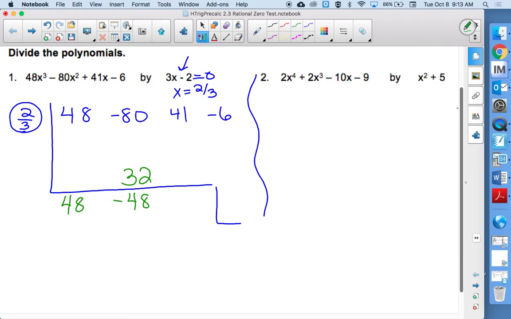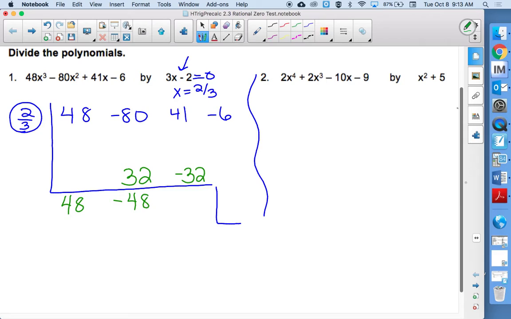So then 2/3 times negative 48, Josh, is negative 32. Okay, that's what I meant to say.